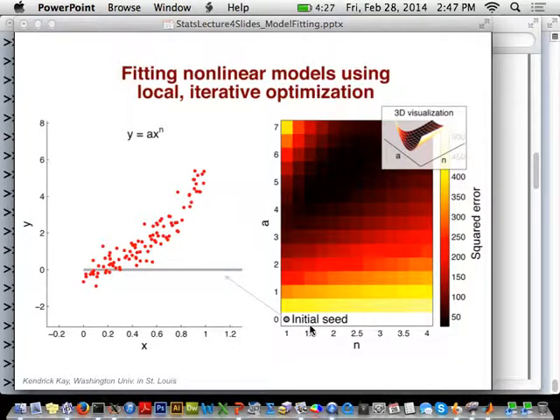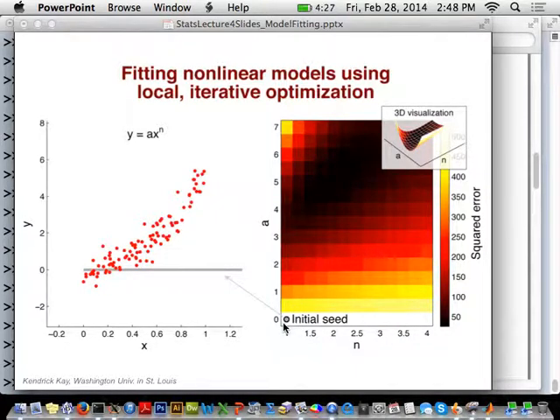We call that the initial seed, because in this type of approach, we're going to start somewhere. It's your initial starting point. And the seed kind of means you put a seed into the algorithm and let it grow or something. Anyway, we're going to start at that point in this parameter space. And then all we're going to do is look around us, in the neighborhood of this initial seed.